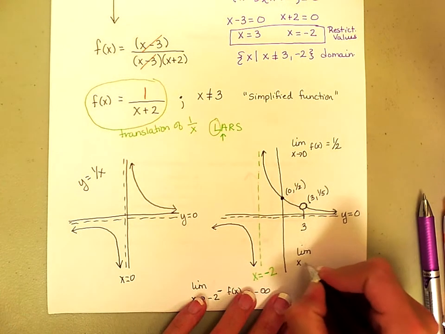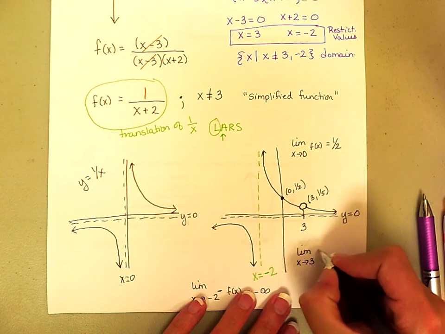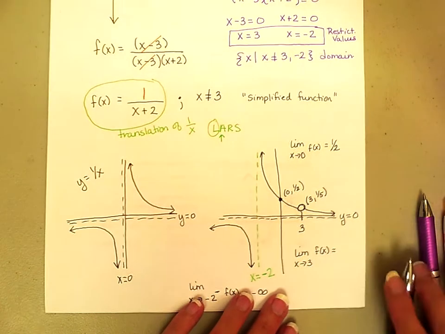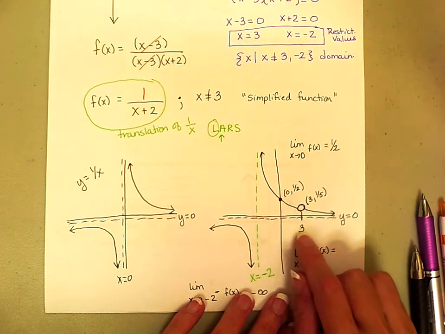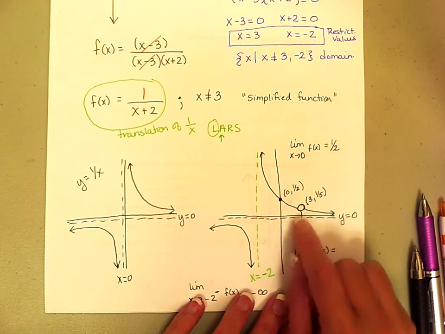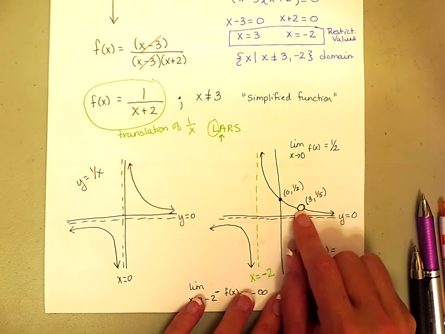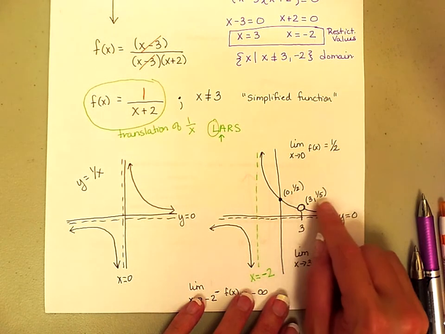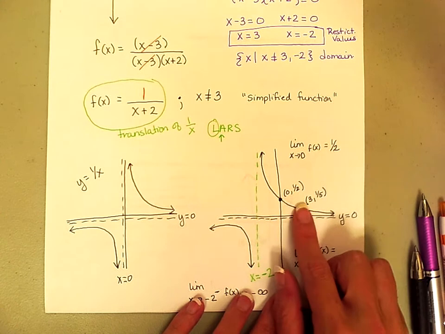Let's try again. Let's look at the limit as x goes to 3 of our function. I'm not worried about what's happening at 3 precisely because I know the graph does not have a value there. If it did exist, it would be 1/5.